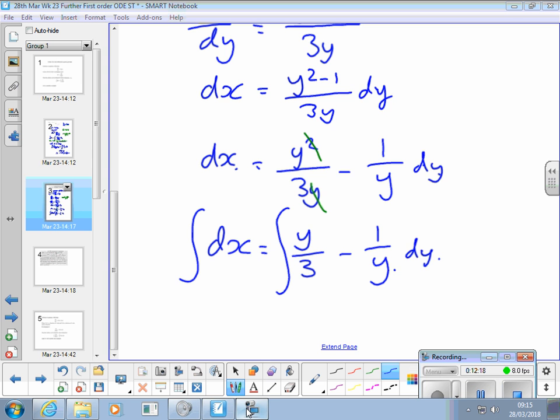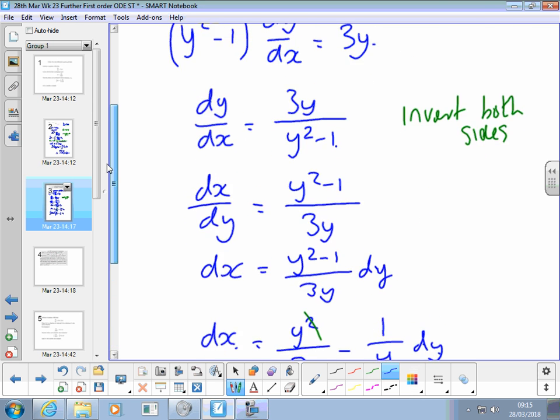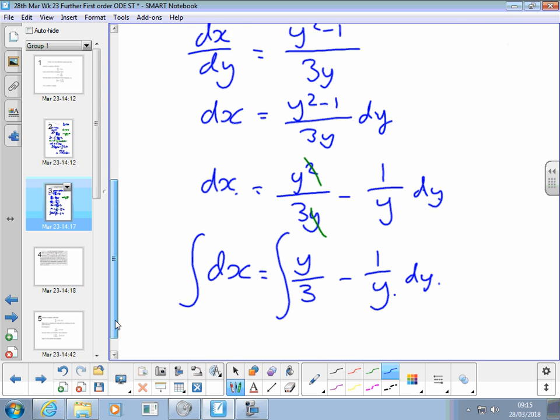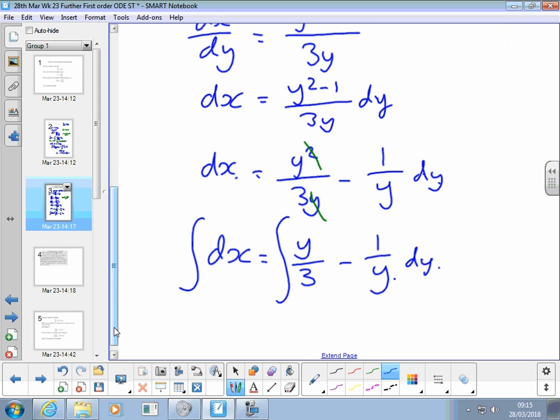That originated, Jake, from separating that into two fractions. With that common denominator of 3y, in the left-hand side the y cancels, and the square disappears, becomes a single y. So these are two functions of y, one subtracted from the other.